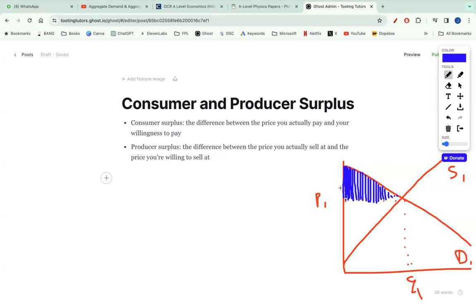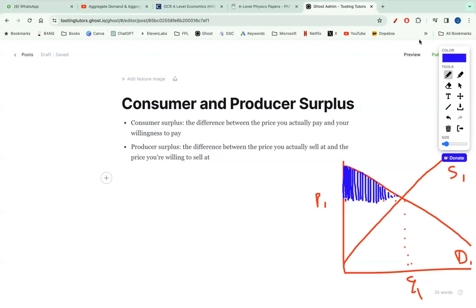Can you give me that same example in terms of producer surplus? So if McDonald's is £3, some people are willing to pay £10, so people get consumer surplus out of that. So what would be an example in terms of producer surplus?